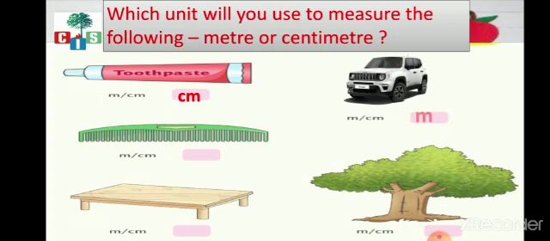So it is meter. The next one is a comb. It's a centimeter. Next, table. So table is measured in meter. And the last one is a tree. Tree is a huge one, right? So it is measured in meter.